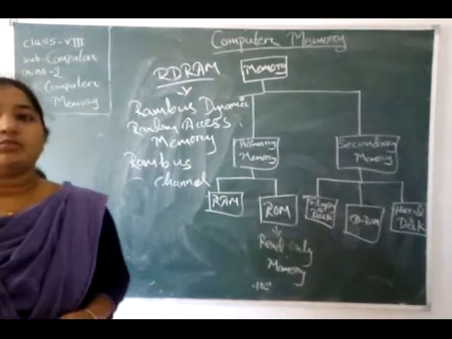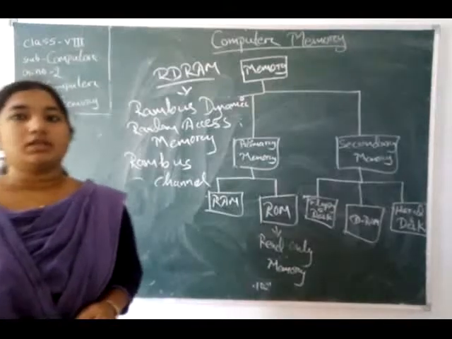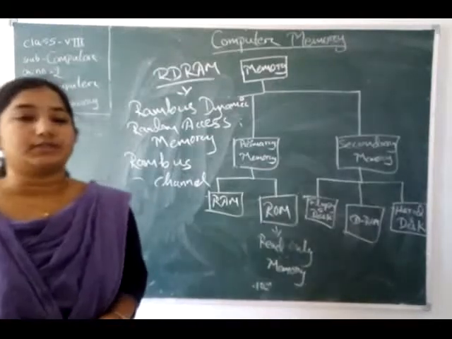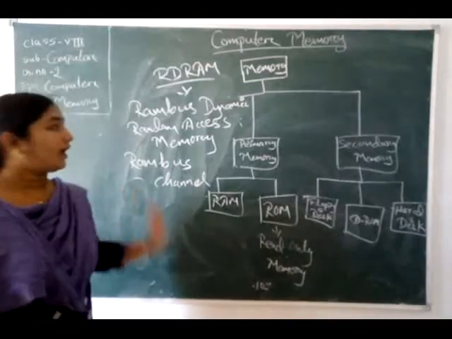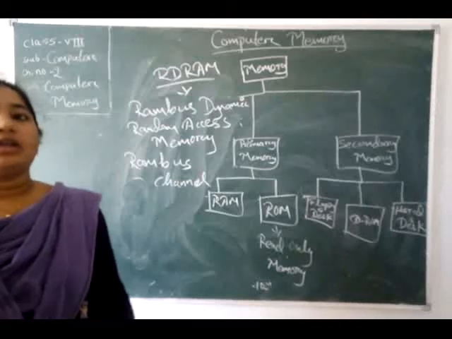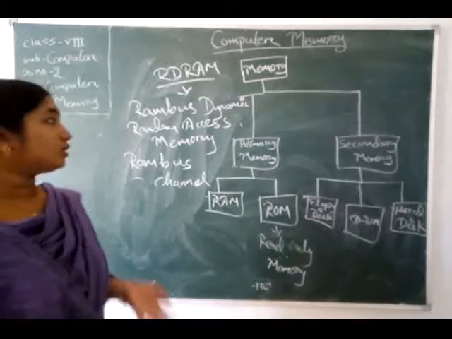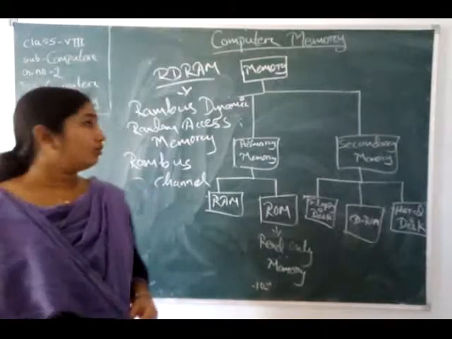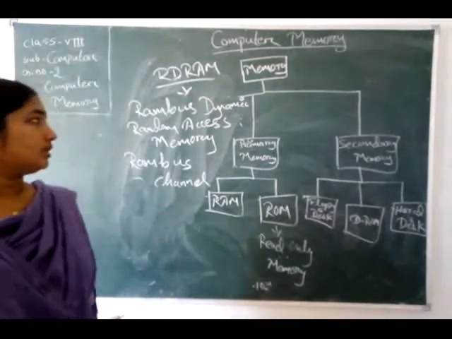It generates more heat than other chips as they operate at high speeds. Means when we use RDRAM at high speed, it generates more heat. So basically we are not using this.